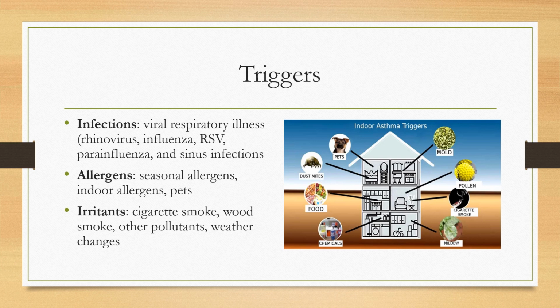I know that's expensive, and a lot of people can't afford it. But listen, it's your child. You've got to do everything you can for it. And if you're going to smoke, smoke outside. And if you know your child has a trigger to wood-burning stoves, you're going to have to come up with an alternative heating method. So these are things you could do to prevent an asthma attack.